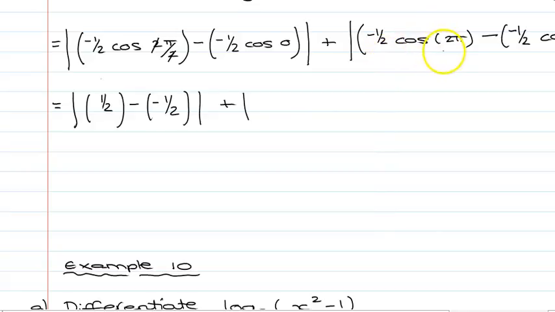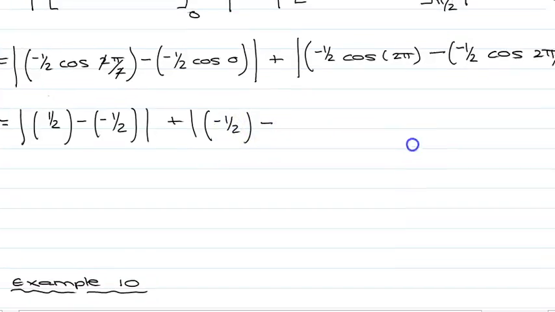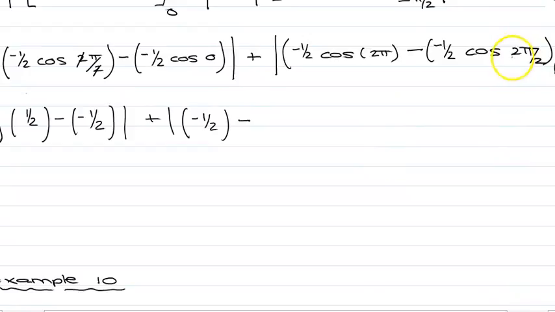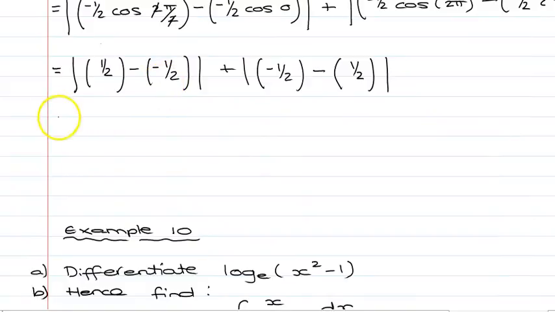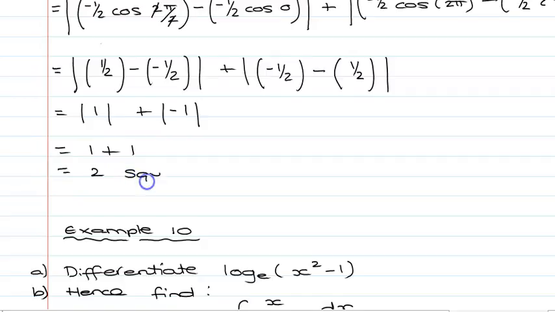Cos of 2 pi is 1. 1 times minus a half is minus a half. Take away, and then just scrolling over, that's cos of pi again. Cos of pi is minus 1. Minus 1 times minus a half is a half. Now I can work that out. Half plus a half is 1, plus minus a half minus a half is minus 1. Take the absolute value of 1 plus 1, so the area is 2 square units.